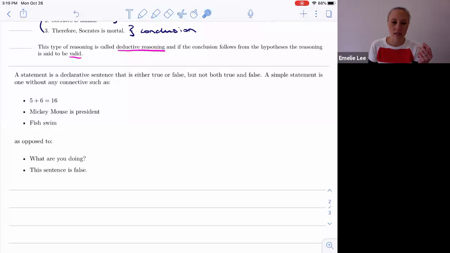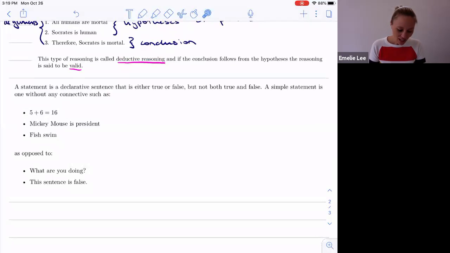So something like, Mickey Mouse is president. True. Exactly. I thought that one was really funny, so I kept it. So a statement, and this is a definition of a statement, is a declarative sentence that's either true or false. So you have to be able to say that something is either true or false.